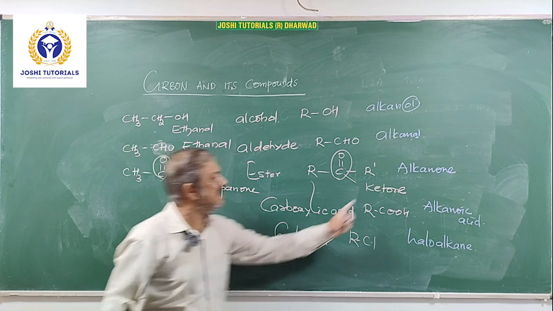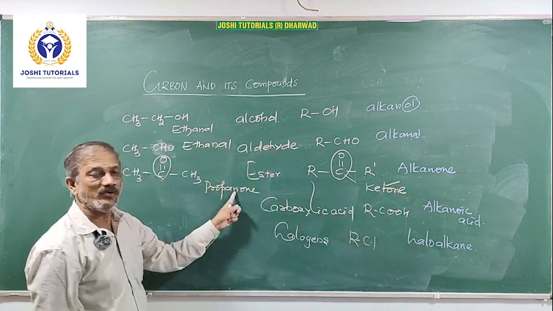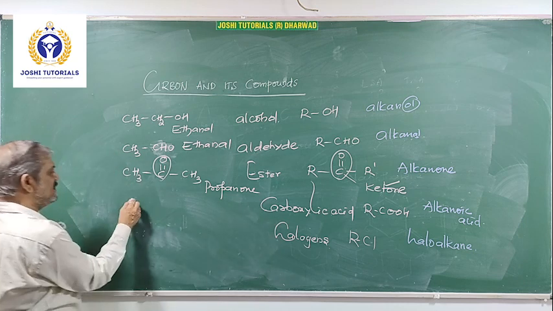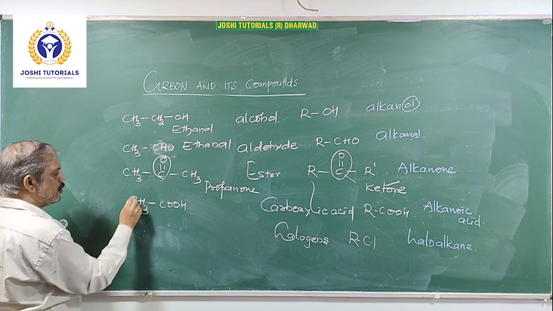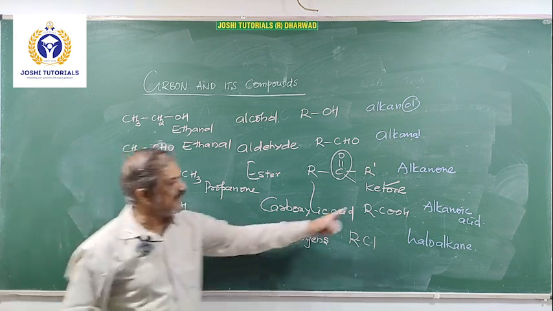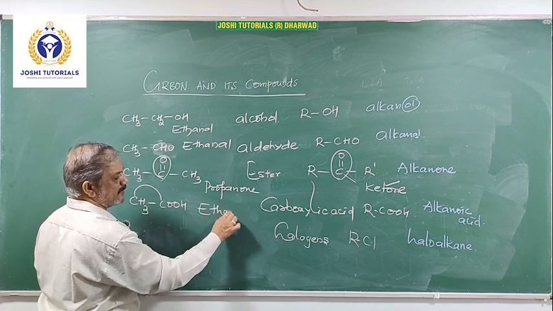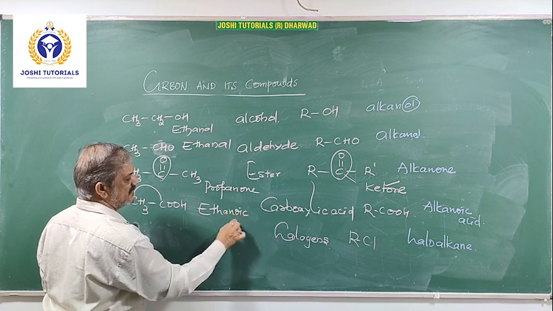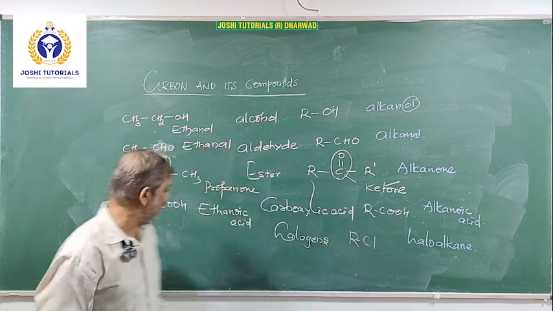If you remember alkanone, here it is propanone. And if you come for this CH3COOH, you have to count the carbon atoms, 1, 2. It is called alkanoic, ethanoic. You can remember ethanoic acid. And the last one, haloalkanes.